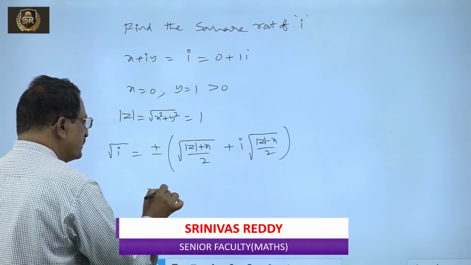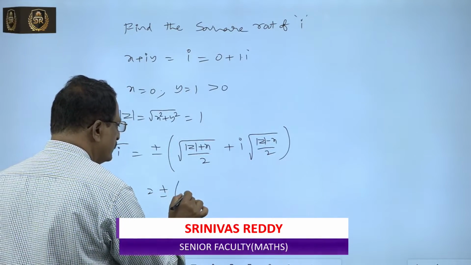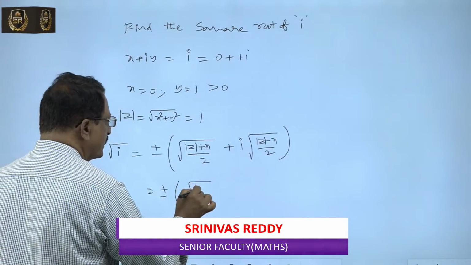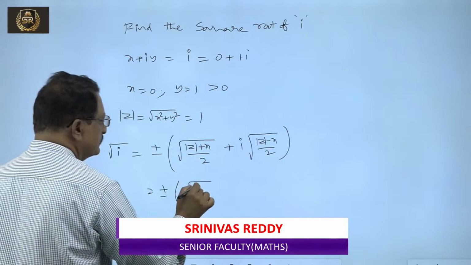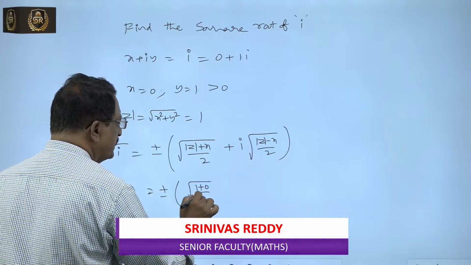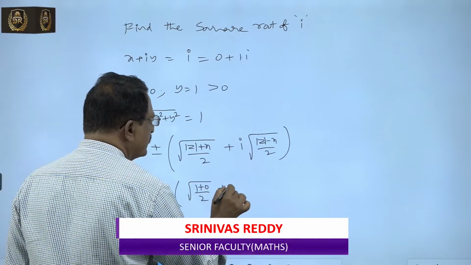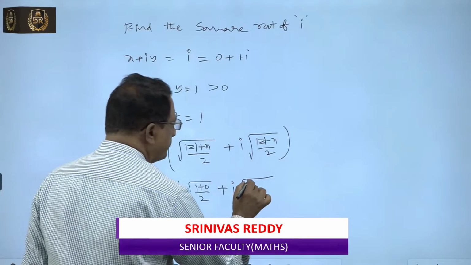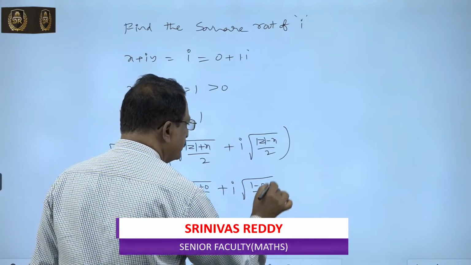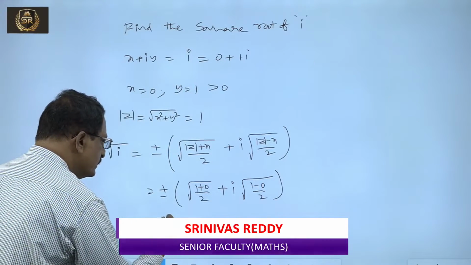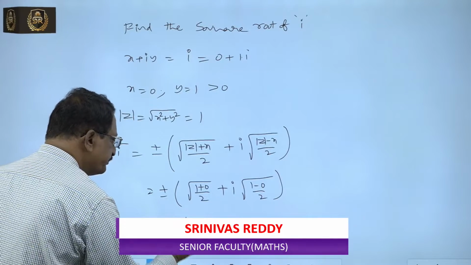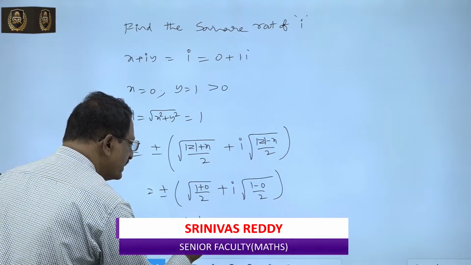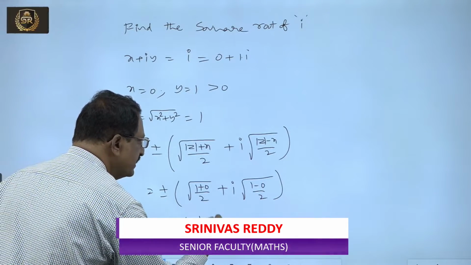That equals plus or minus of under root of (mod z = 1, plus x = 0)/2 plus i into square root of (mod z = 1, x = 0)/2, or that equals plus or minus of 1 by root 2 plus i into 1 by root 2.